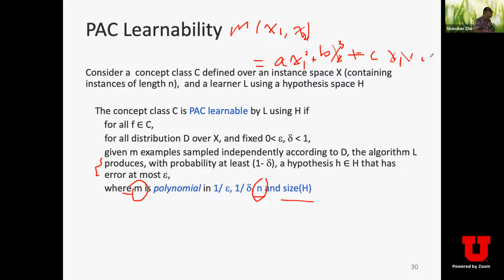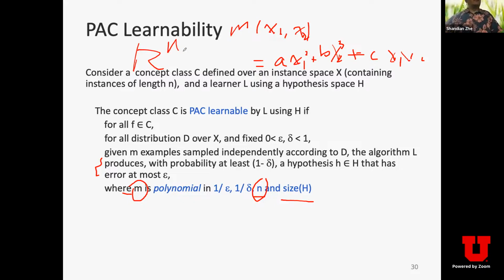Instance space is just the space of input vectors. For example, if you represent your training examples by an n-dimensional feature vector with continuous values, then you can define your feature space as R to the power of n.